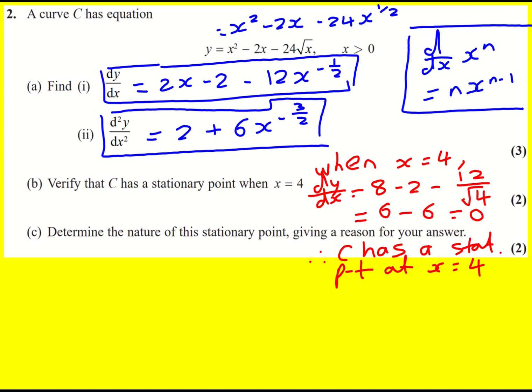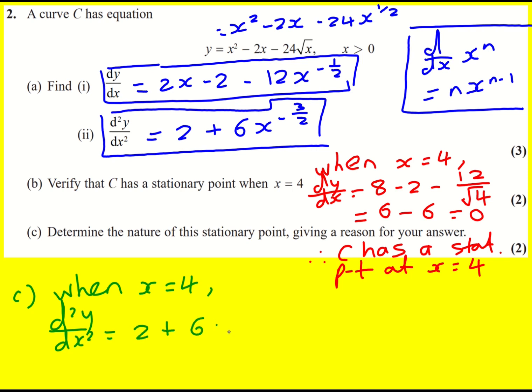Except part C, we need to determine the nature of it. So for that, we can use the second derivative. We've already got it from before, so we can just sub in x equals 4 into that. So when x equals 4, okay, this time it's actually 1 over the square root of 4 cubed.